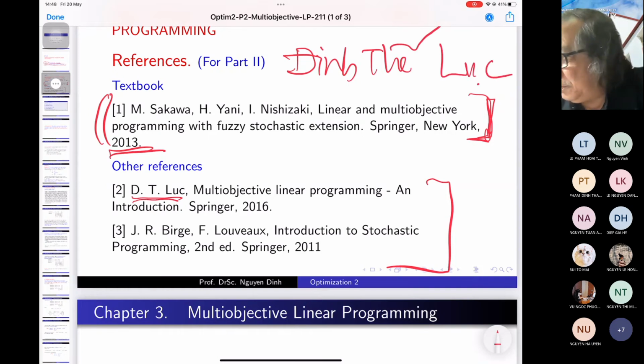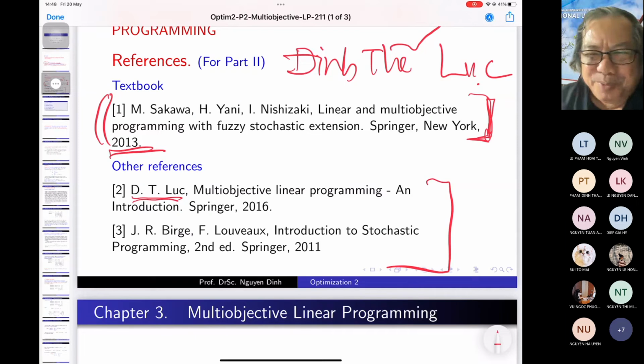Đinh Thế Lục is a very well-known Vietnamese mathematician.